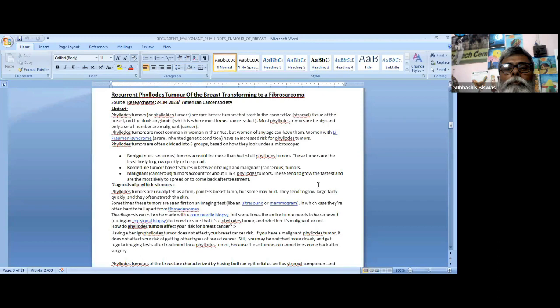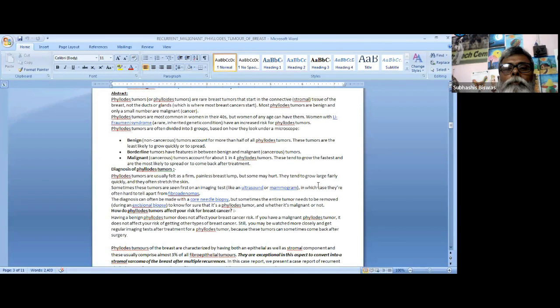Number 2, borderline tumors have features in between benign and malignant cancerous tumors. And third, malignant cancerous tumors account for about 1 in 4 Phyllodes tumors. See the ratio: in 1 in 4 Phyllodes tumors, there is cancer. These tend to grow the fastest and are the most likely to spread or to come back after treatment.